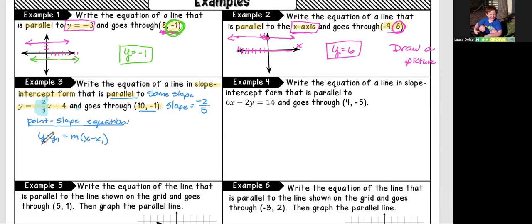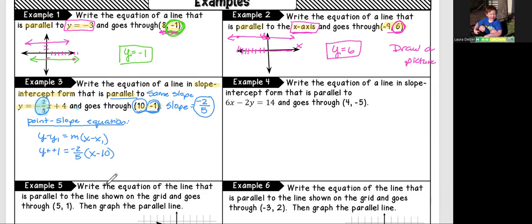And so, we're going to do y minus my y1, which is this -1 here. And so if we subtract a -1, remember that's really adding. My m is this -2/5, and we got it straight out of this equation. Okay, so -2/5. And then we get x minus 10.